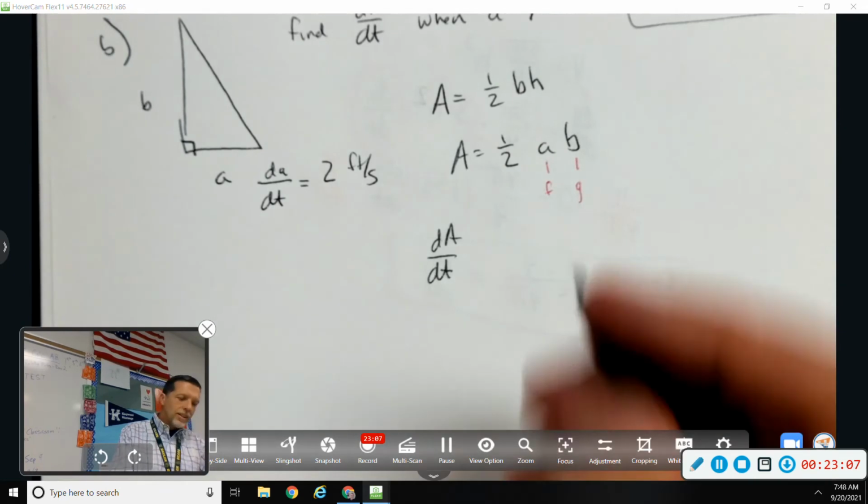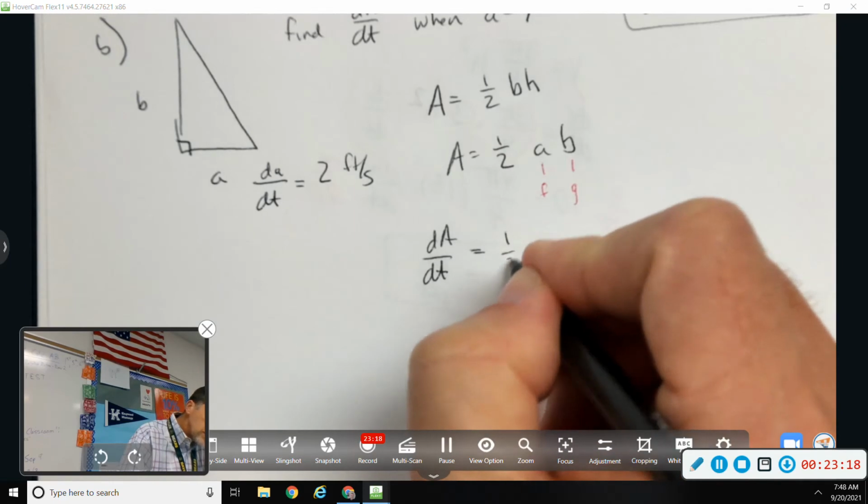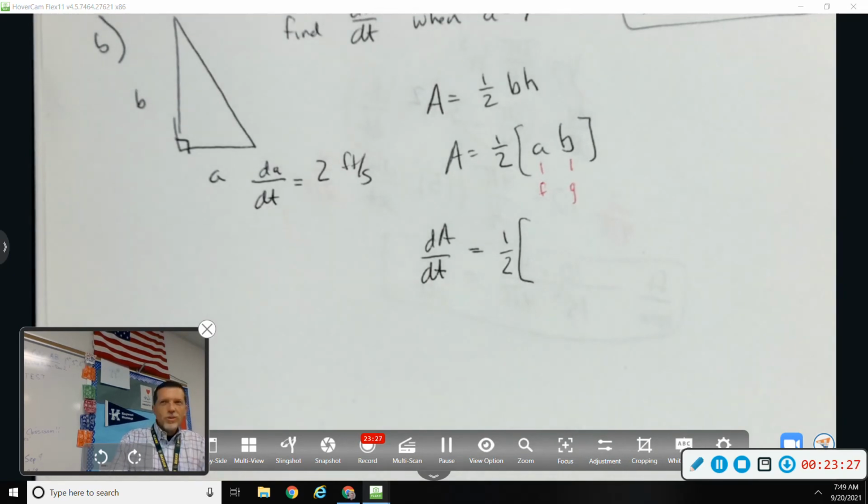And I can either leave the 1/2 out front, or I can attach the 1/2 to the A. It's not going to matter. I'm going to have 1/2 on everything anyway. I'm going to leave it out front and do it this way. Can I chain rule or product rule in place on this one, or do you want me to show the steps?